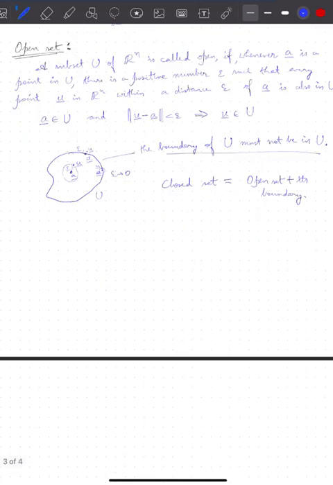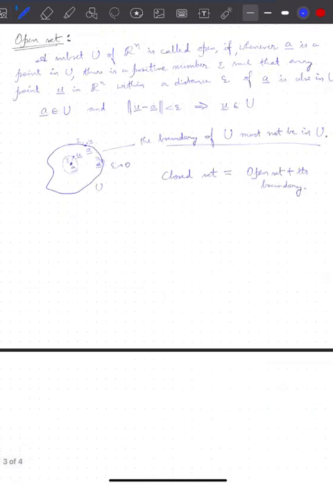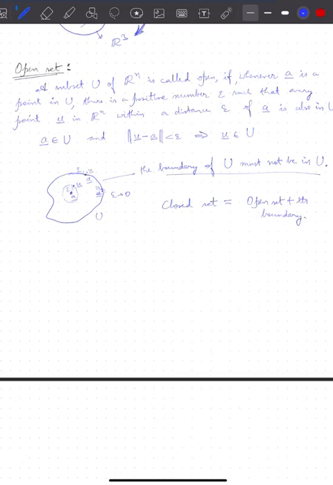And next we talk about what we mean by continuity of a set, or just the concept of what is continuity.